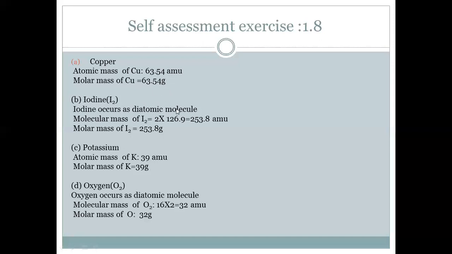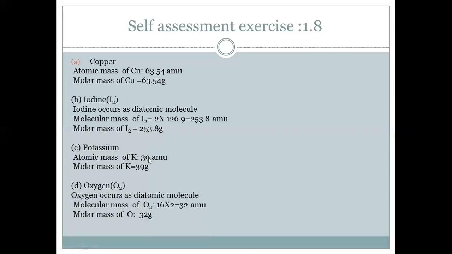Iodine occurs as a diatomic molecule in I2 form. So we will multiply the atomic mass of iodine, which is 126.9, by 2, which will give 253.8 AMU. So molar mass of iodine is 253.8 grams. Potassium exists in atomic form, or monatomic form.